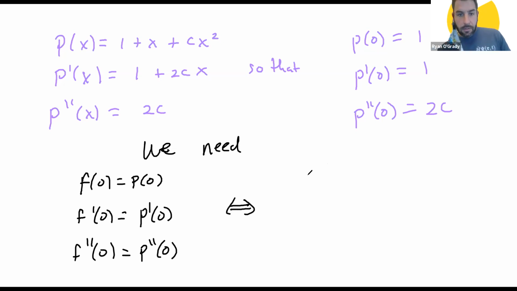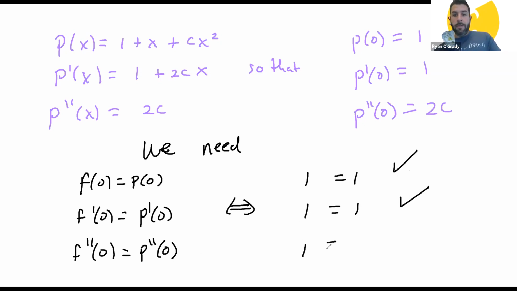If we plug these in, this is the same as 1 equals 1. We already have that. Check. Then this is the same thing as 1 equals 1. Check. And then this is the same as 1 equals 2c. So what this tells us is that if we want it to be a better approximation, this forces c to be 1/2.